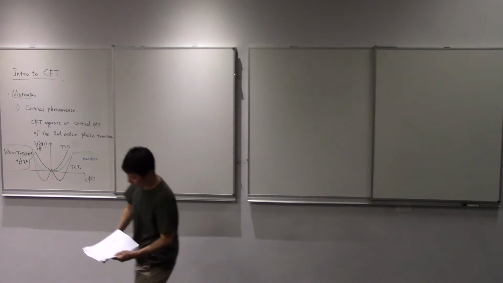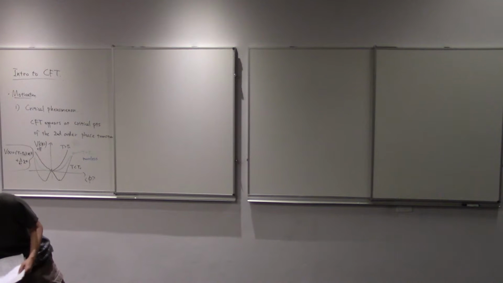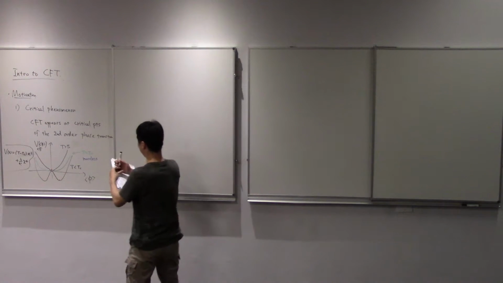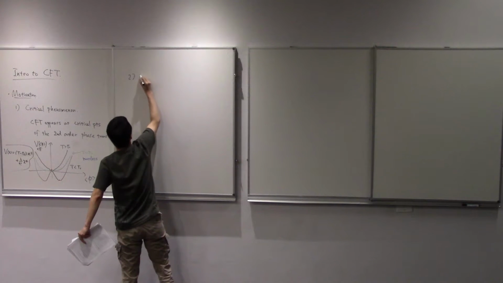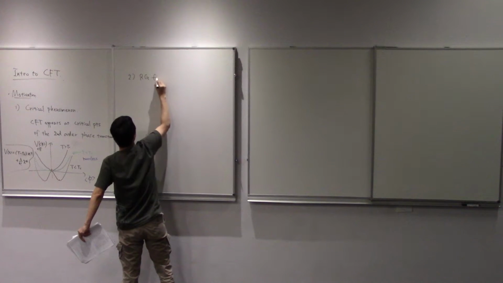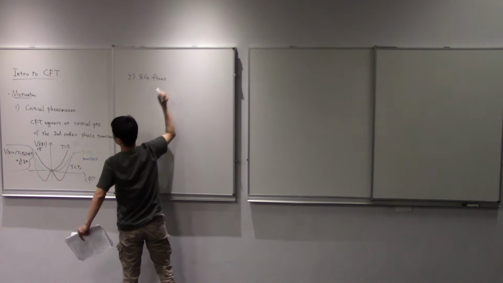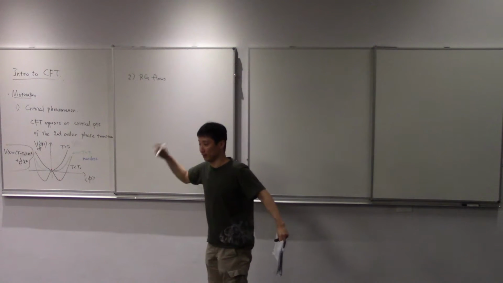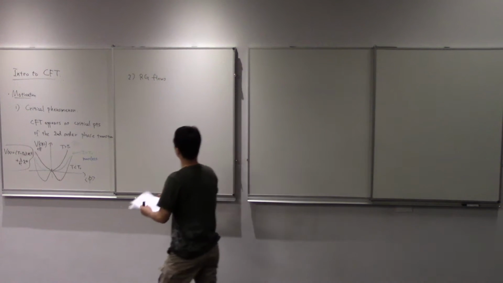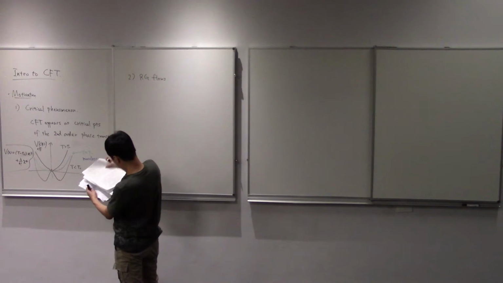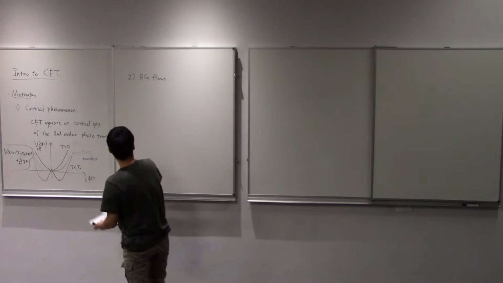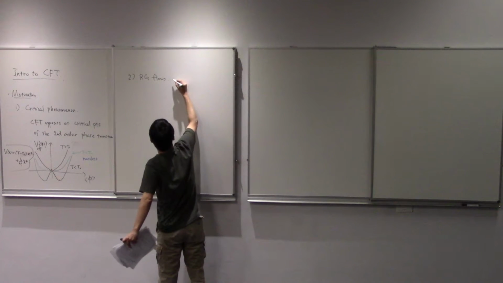That's one motivation. I think I'm going to go very slow with the motivation, but okay, let me see. Then second, RG flows. I think Vishnu talked about it in the last lecture, yes? Okay, good. And it has fixed points.